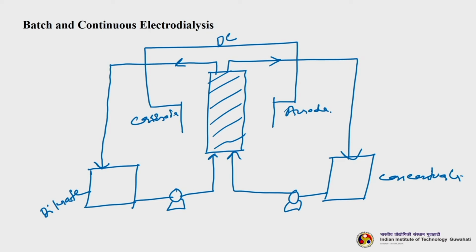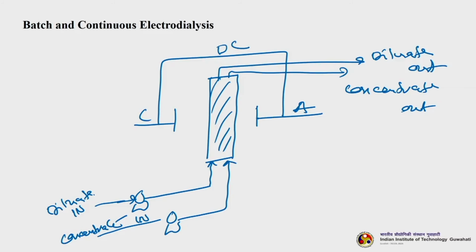So, you have to pass the same solution, the concentrate and dilute, many times in the same membranes to achieve your target. By doing so the power consumption rises, because the voltage drop over the cell increases. In case of a continuous system, this is not happening.